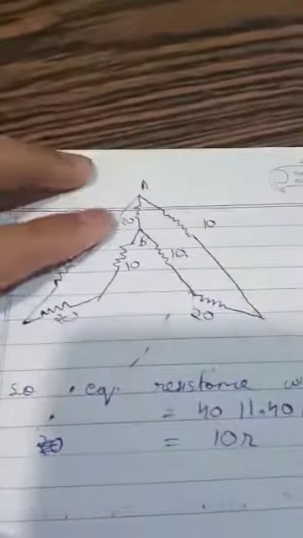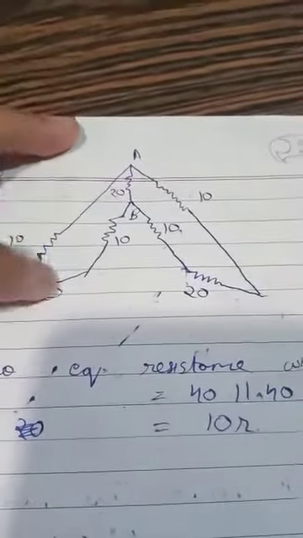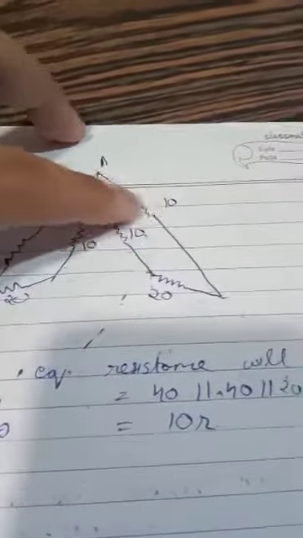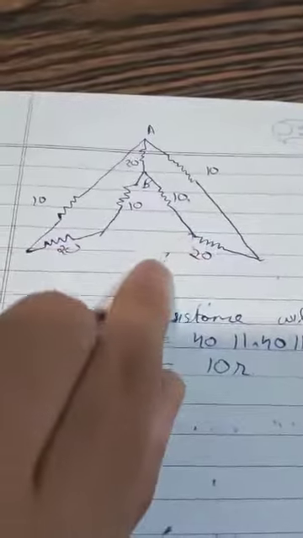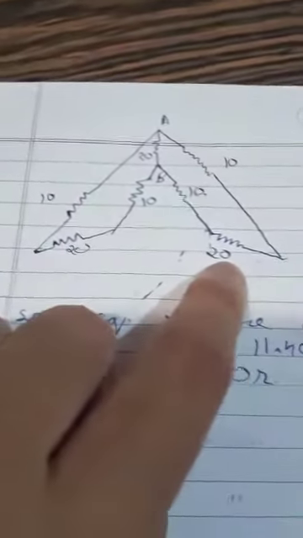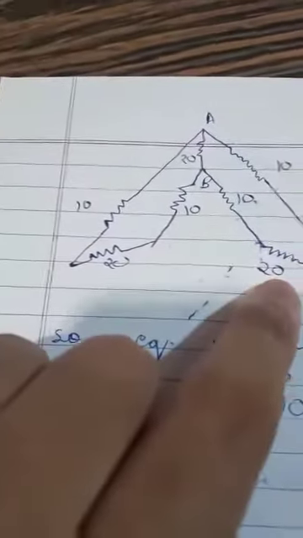So I have drawn the network again. This 20 ohm is there, this 10 ohm, this 20 ohm, this 10 ohm, this 10, this 20 ohm and this 10 ohm. These two resistances which were earlier present, 10 ohm and 10 ohm, have been removed because the points C and D are at equipotential, as they were on either side of the parallel axis of symmetry.